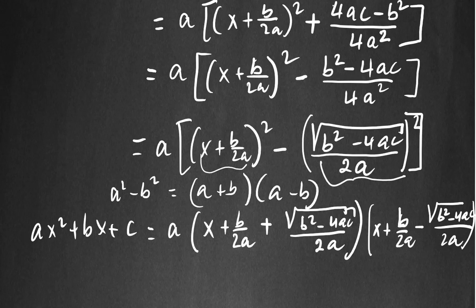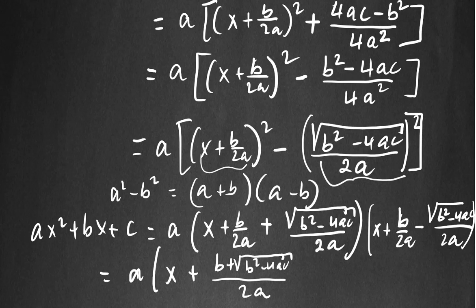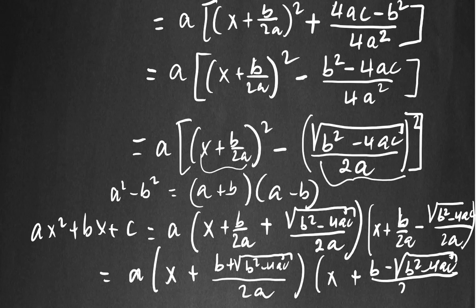And let's put these together. We can say this is equal to a factor x plus b plus square root of b squared minus 4ac over 2a, times x plus b minus square root of b squared minus 4ac over 2a.